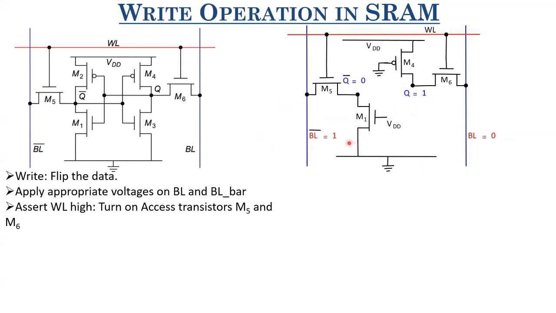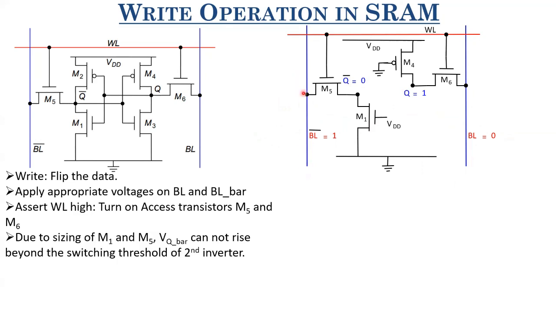However, we saw that we have already sized M1 and M5 such that even if we apply VDD here, VQ bar cannot change, or VQ bar cannot increase beyond the switching threshold voltage of inverter 2. Because of the appropriate cell ratio, we have sized M1 and M5 such that we perform a non-destructive read, or non-disturbing read.